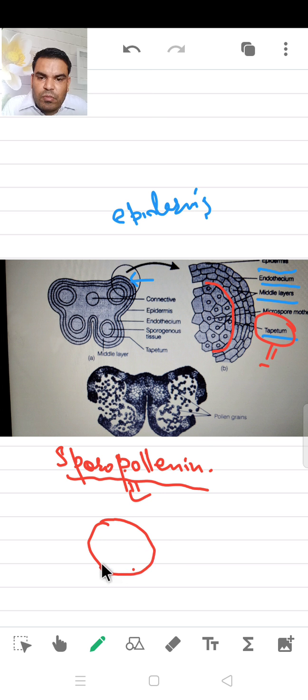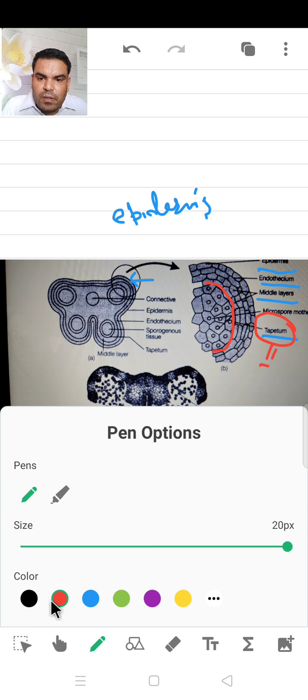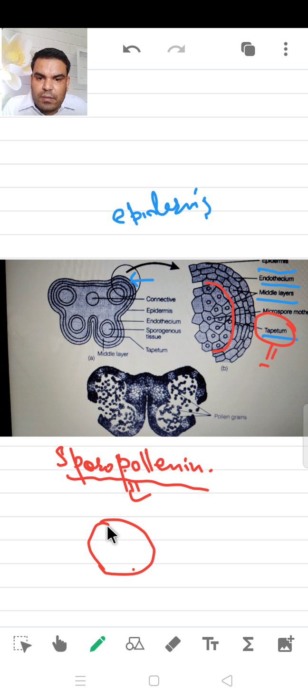The function of this sporopollenin: this is the diagram of the pollen grain, and if you look at the diagram, you can clearly understand.